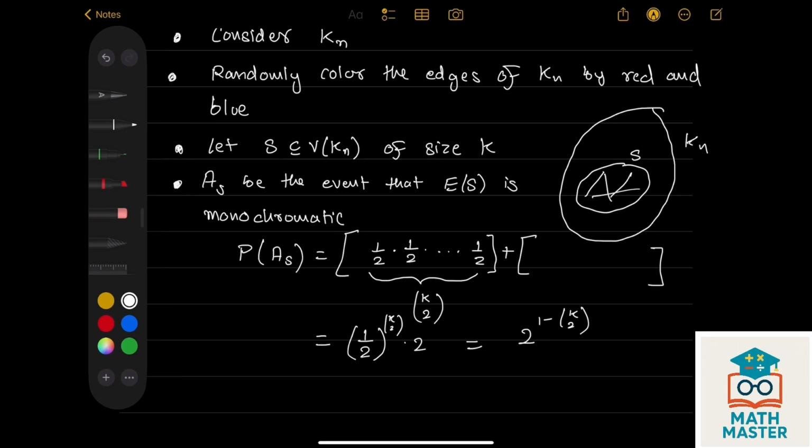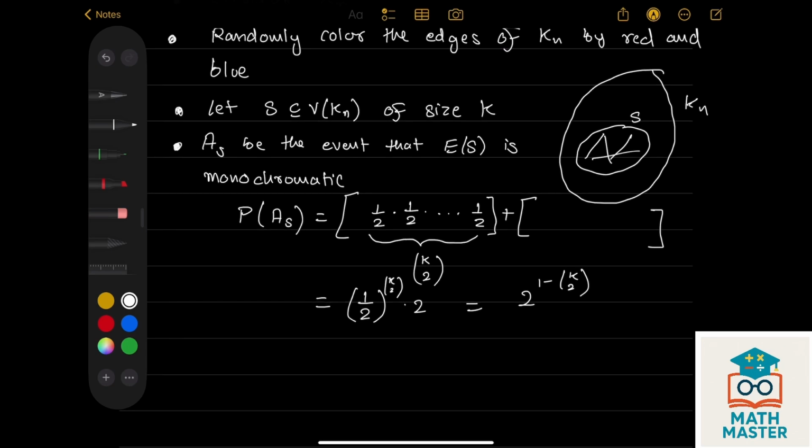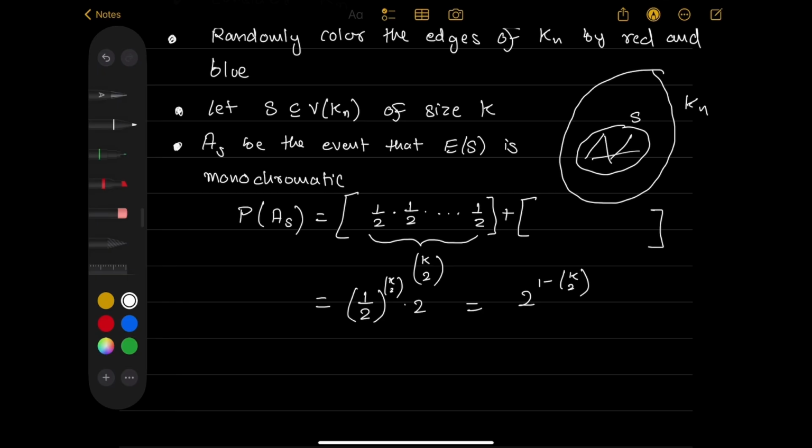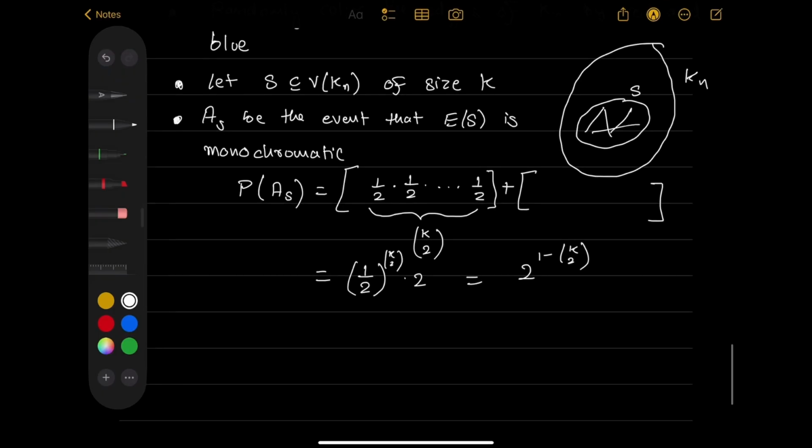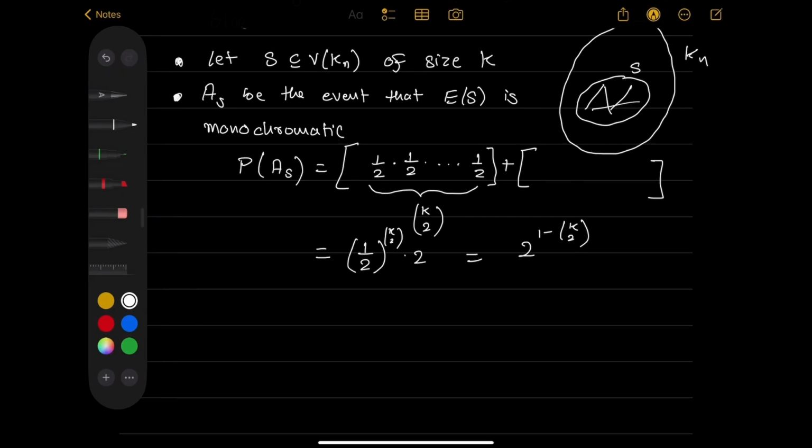So that is the probability of the event that all the edges in S are monochromatic.